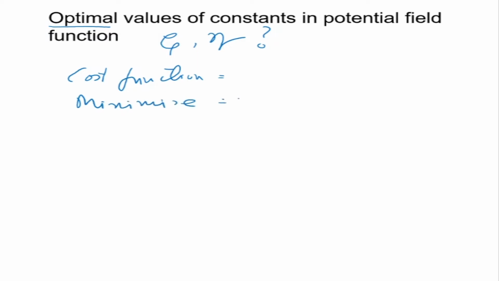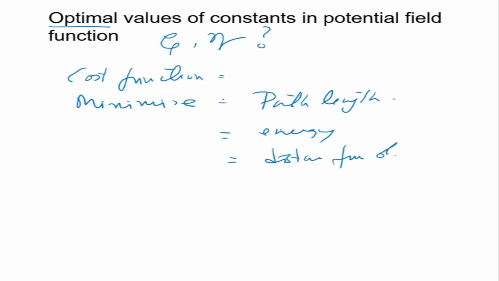We're trying to minimize, for example, the path length. Obviously, we want the robot to reach the fastest. We can say minimum energy, we can minimize the energy of the system, or we can minimize distance from the obstacle. So these all could be cost functions that we are trying to minimize when we're using the potential field method.